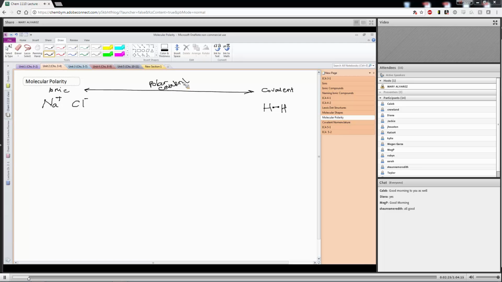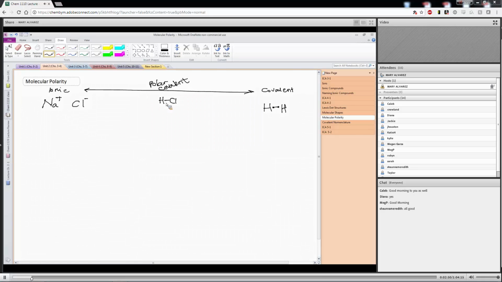Polar covalent bonds occur where you have two atoms that are different in specific ways, attached to one another, like say H and Cl. It's still covalent bonds, so we're still just going to see these with nonmetals involved in covalent bonding. But they don't share the electrons equally.